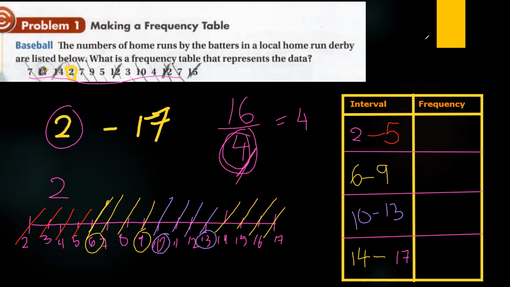Is it clear? Yes, miss. So like Farah told us, let's divide it by 8. 16 over 8, that means I have to make 2.